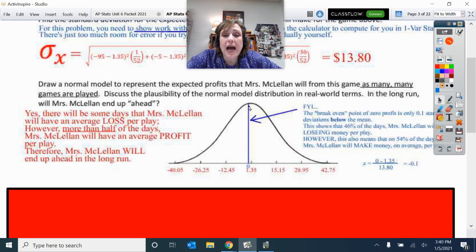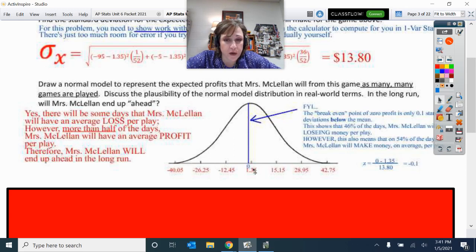Okay, so I want to know what proportion of the days, if we were just doing this in terms of days, do I average winning, ahead, bringing in money? What proportion of the days do I bring in money? So I need to see, okay, well, that's the ones that are above 0. I am making a profit.